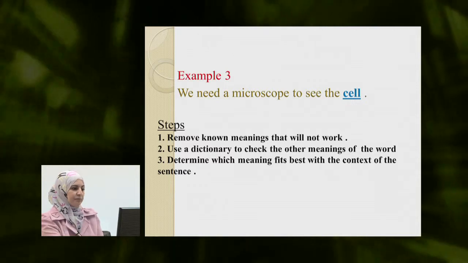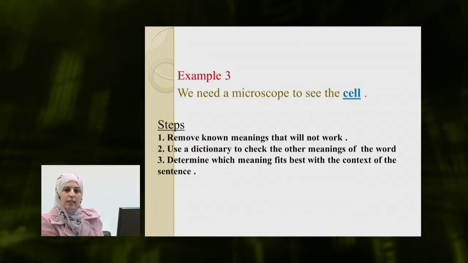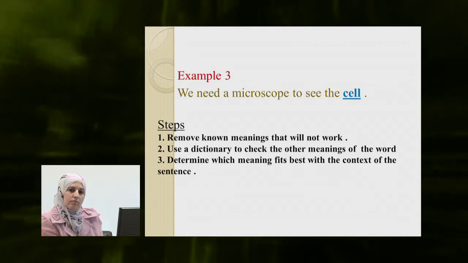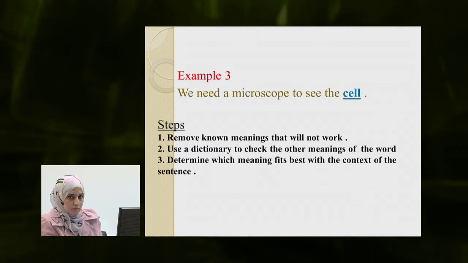Okay, example 3. We need a microscope to see the cell. Use your strategies to find out the meaning of cell. Can't? Then move to a dictionary. So cell as a noun means a small room in a police station or prison where prisoners are kept.